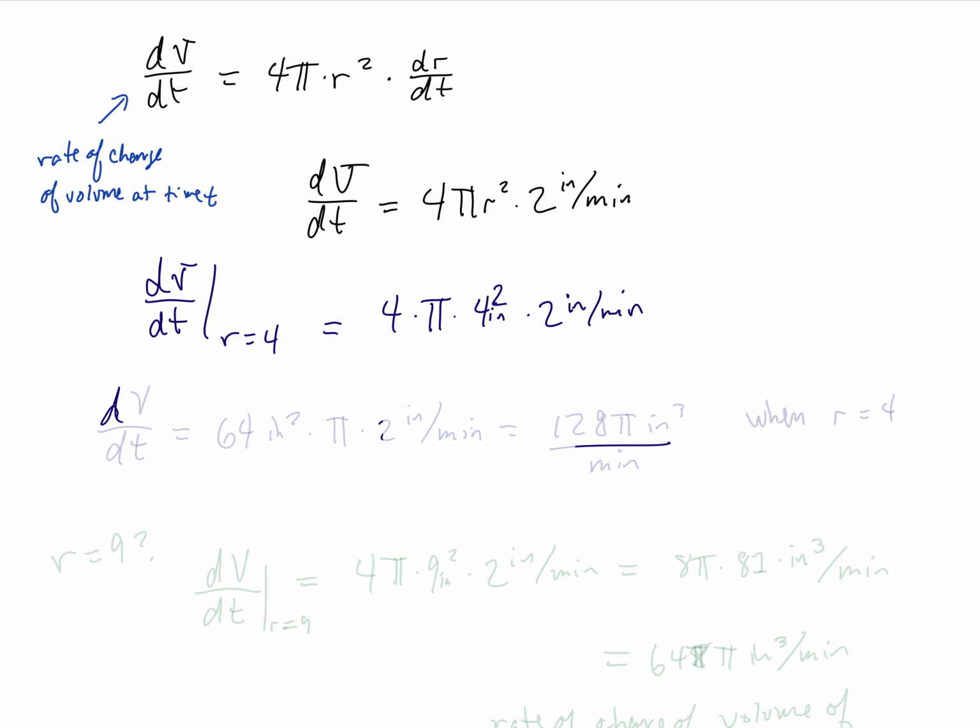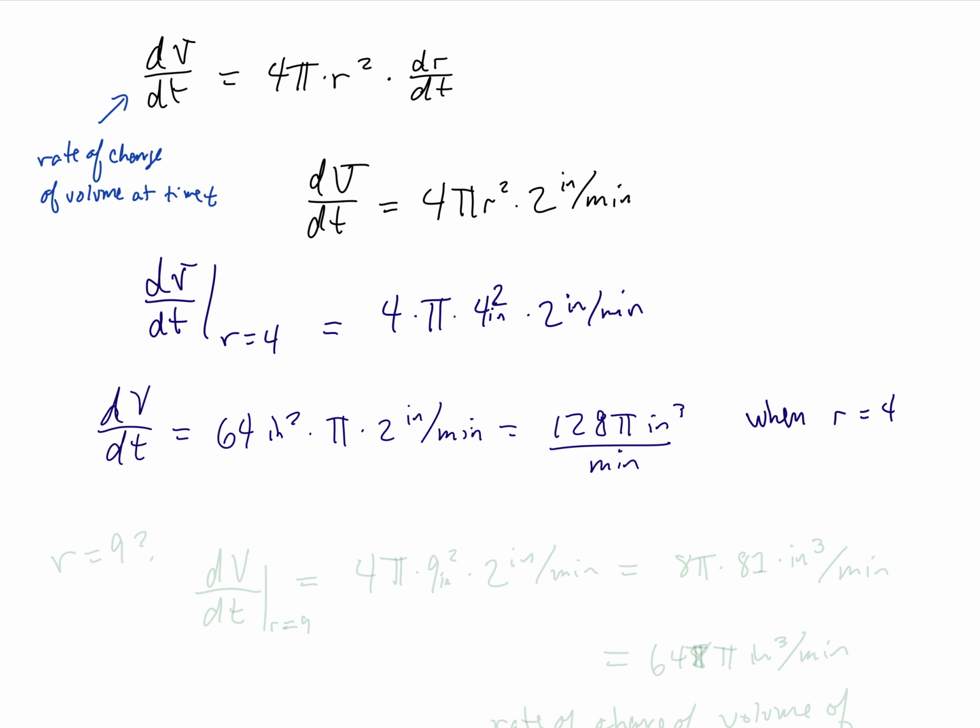So we've got dV/dt at that particular moment is 4 times 4 squared, 4 times 16 is 64, and that's inches squared, times pi times 2 inches per minute. And so the volume is changing at a rate of 64 times 2, that's 128 pi inches cubed per minute. That's the rate of change of the volume when r is equal to 4.